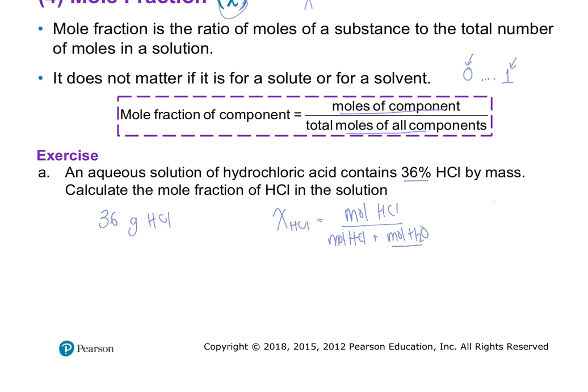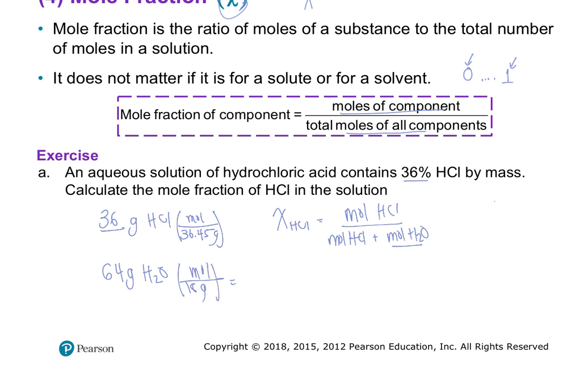So if I had 100 grams total of my solution, 36 was hydrogen chloride, then that means 64 grams would be from water to make the total 100. So we're going to divide by the molar mass, which is 36.45 grams per mole for hydrogen chloride and 18 grams per mole for water.